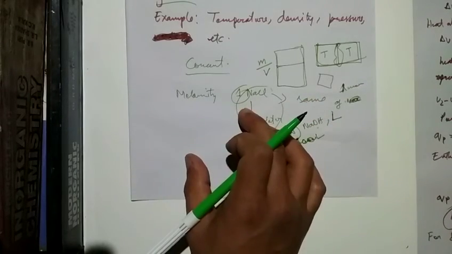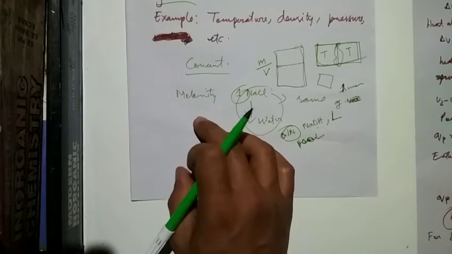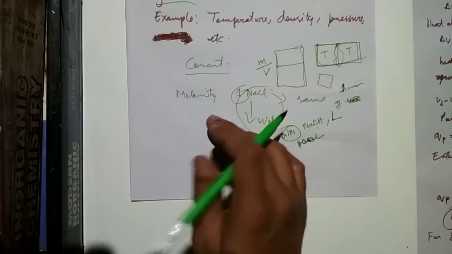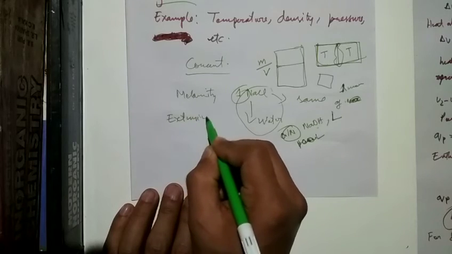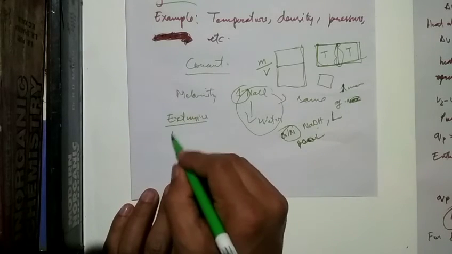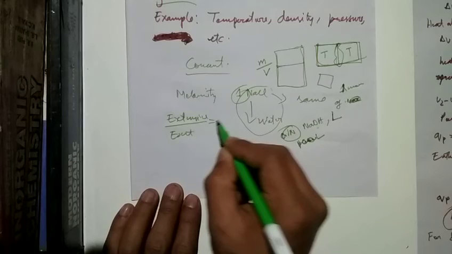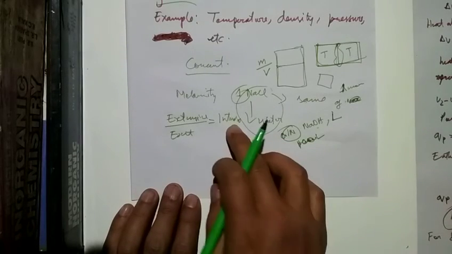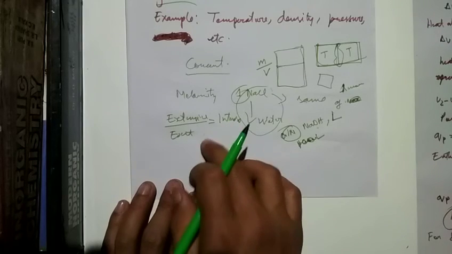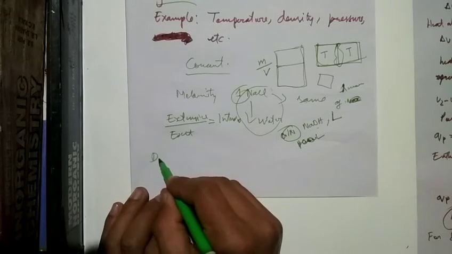So another shortcut method is, if you divide two extensive properties, you will get an intensive property. Example will be density.